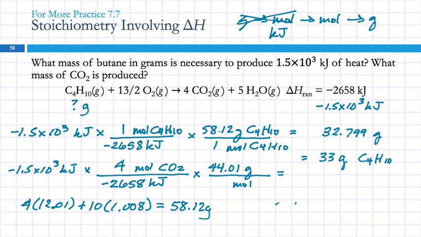Negative 1.5 E3 times 4 divided by negative 2658 times 44.01 equals 99.345 grams, 99 grams of CO2.